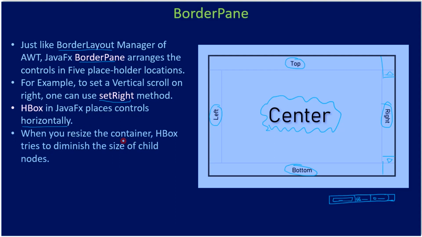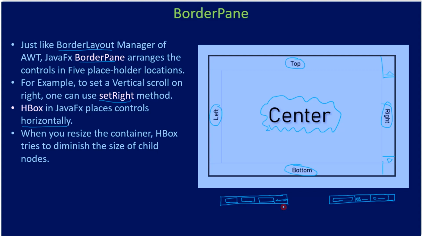When you resize the container, HBox tries to diminish the size of the child nodes. Let's say this is the size of the HBox, and let's assume you placed 3 buttons and there is some empty space.